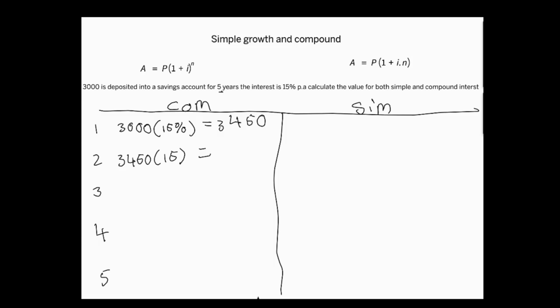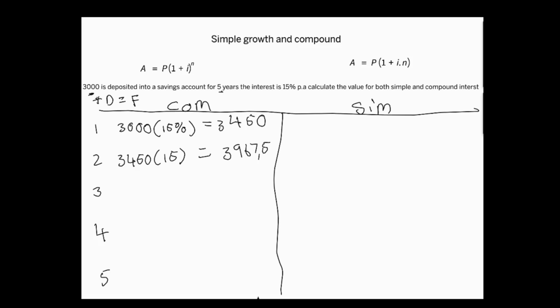Which would give us our new compounded interest in the second year of 3,967.5 Rand, right? So what you can see here is that we want 15% of the deposited amount, and then we add back the deposited amount to get the final answer. That's what we do when we do compound interest.